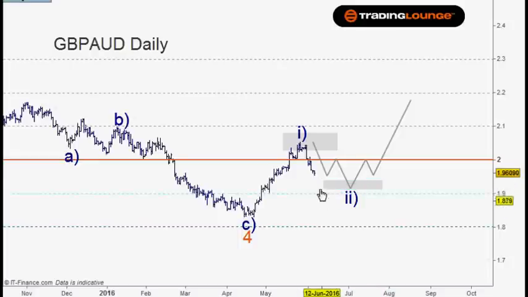So we're certainly on track here. The first leg down here is in 5 waves, so we can expect a retest of the major trading level 2 here, and then down again at that point. So we'll be looking to go long from this area here, and the pullback on this one, and also above this area here as well.